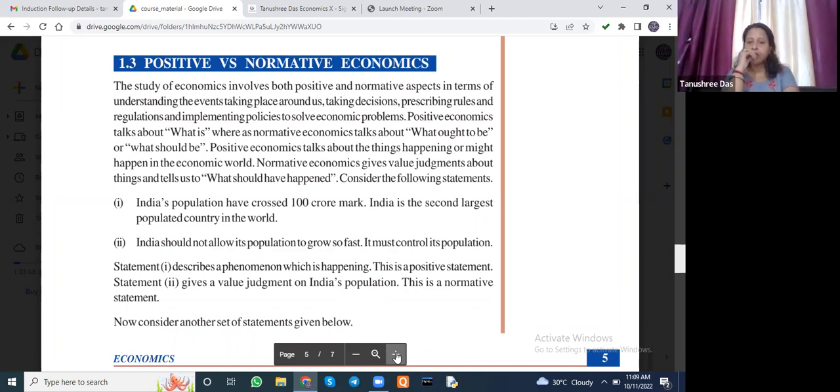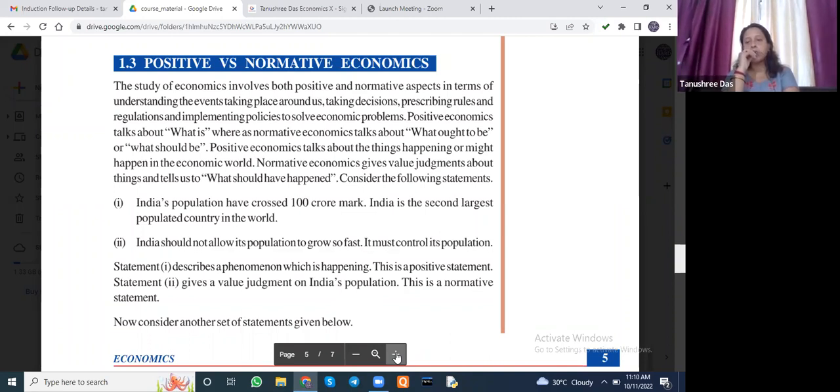What is happening is there, and what has to be there is also there. Positive means what is occurring at present, and in future what will happen is normative. So normative economics can also be referred to as planned economy.